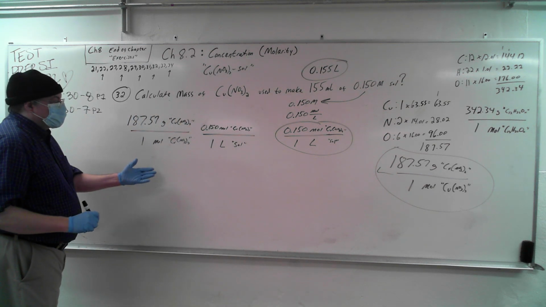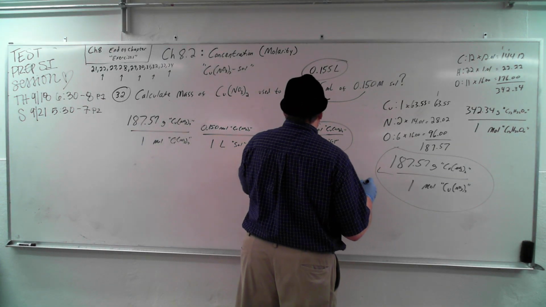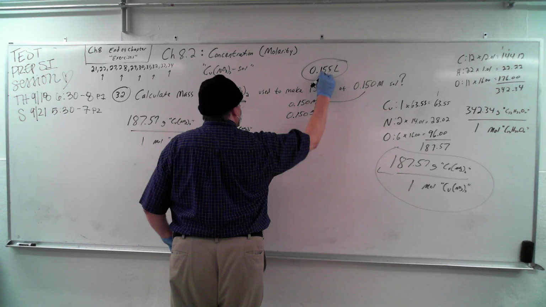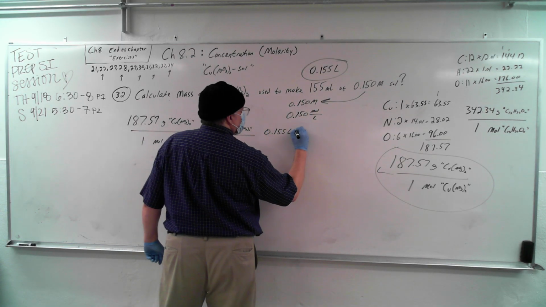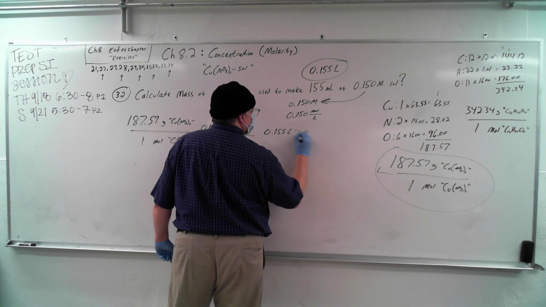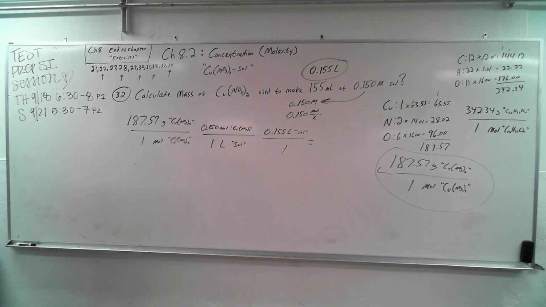Now, if I could just get the liters to cancel, we'll have the grams. That's in my way. And there's the liters. Solution. That'll give us the mass of copper 2 nitrate in 155 milliliters of this concentration copper 2 nitrate solution.